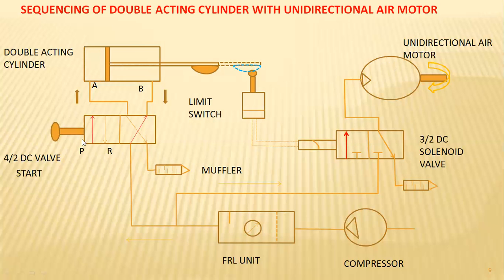Hence, the main switching element is the 4 by 2 way directional control valve for starting, and upon extension the limit switch will be energized, which energizes the 3 by 2 directional control solenoid valve that creates the operation, that is rotational motion in the motor. This is the sequencing of the cylinder with the unidirectional air motor.